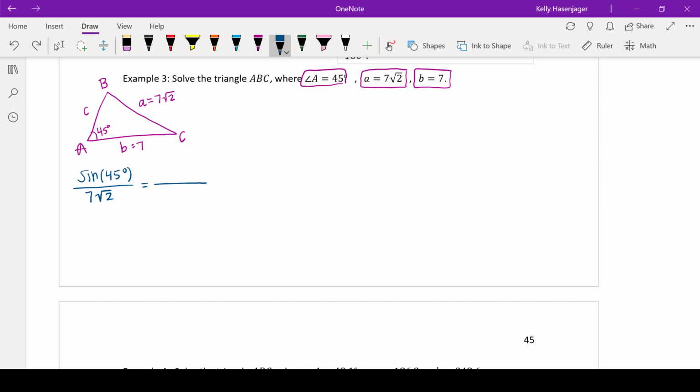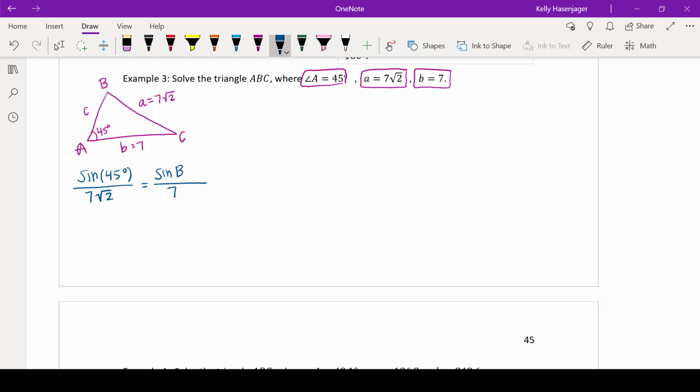So we'll write in sine of angle B over 7. That alone is the law of sines, and now we can just solve using algebra skills to get the angle B.